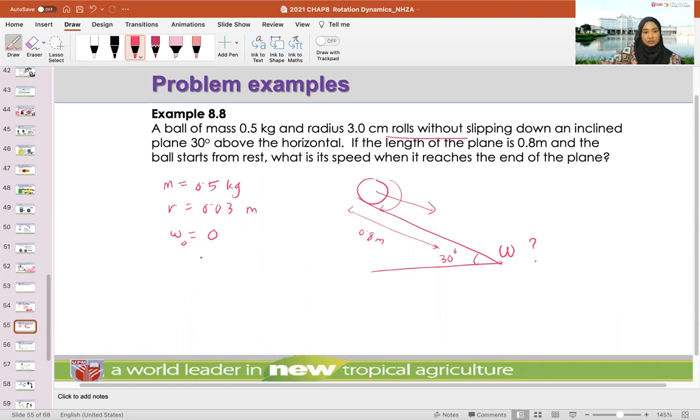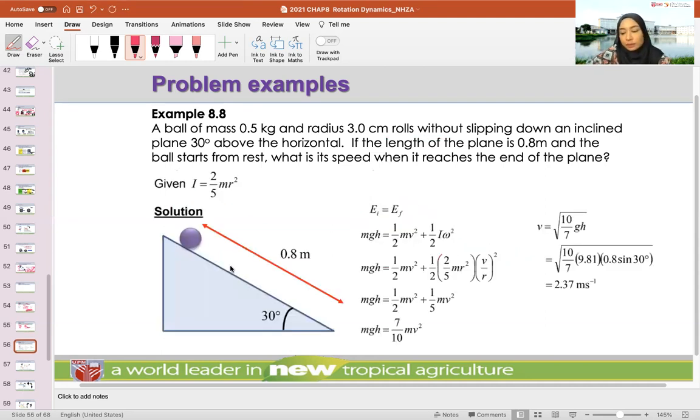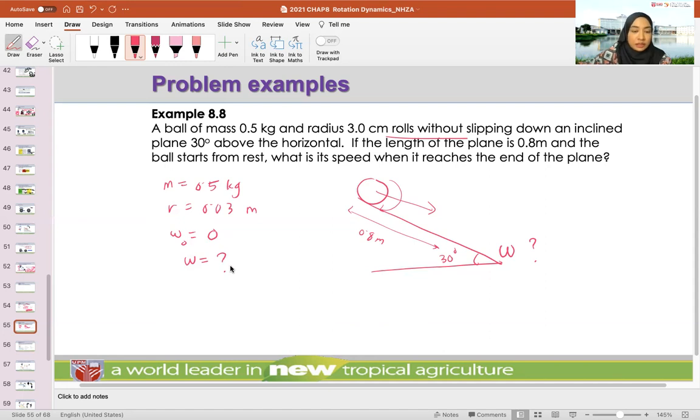Starts from rest. We want to know what is omega final. It rolls without slipping. What should I do here? What is the speed? Let's see. Oh, dia pakai conservation of energy. Okay, so that is easy. Tapi saya malas lah nak buat.